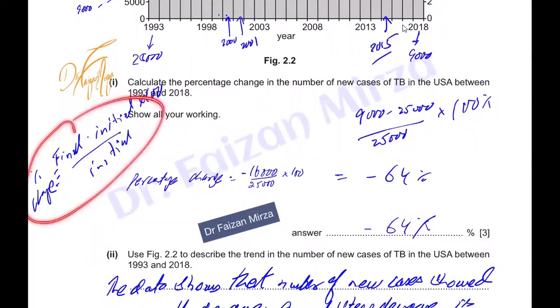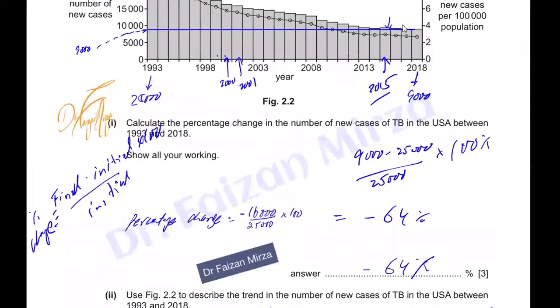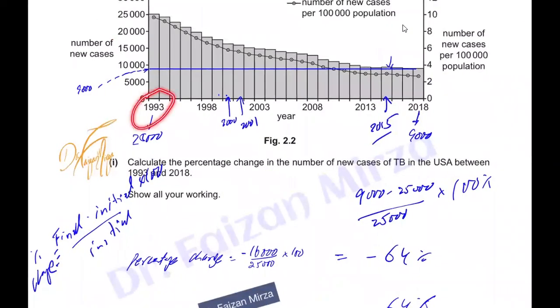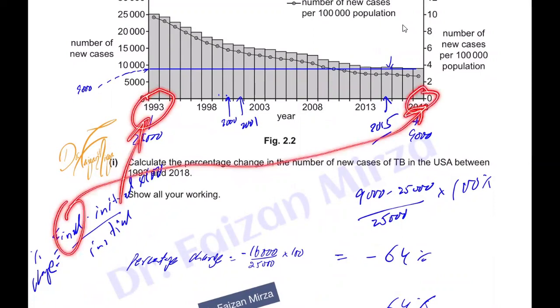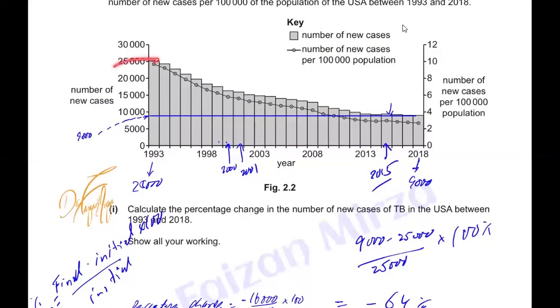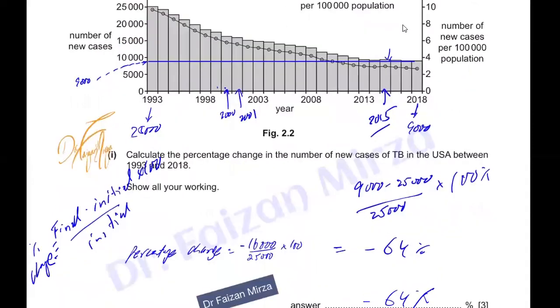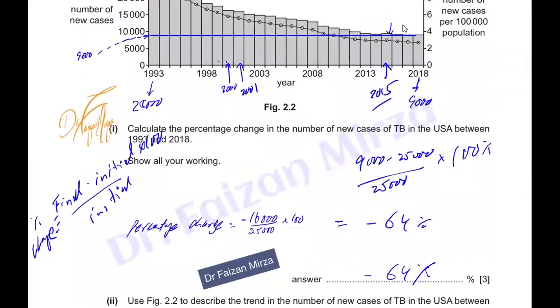You will apply the formula: percentage change equals final minus initial, upon initial, multiplied by 100%. In this case, initial is the value of 1993 and final is the value of 2018. So you read off the values of 1993 and 2018, and these values are 9,000 for the final value, 2018, and 25,000 for the initial value.